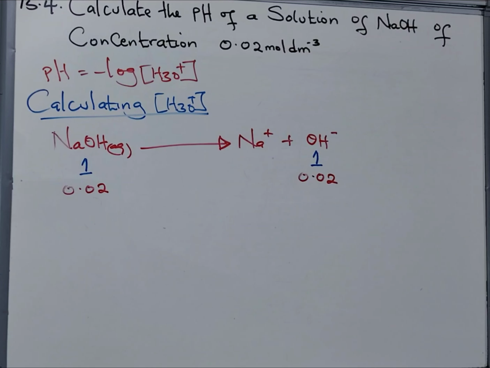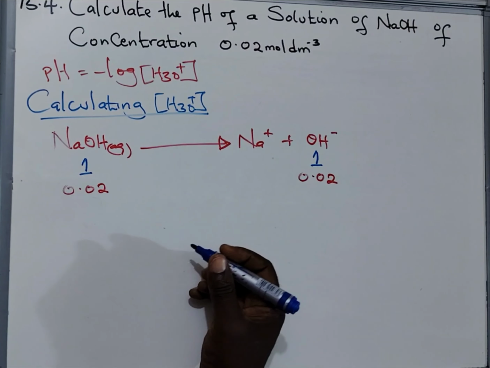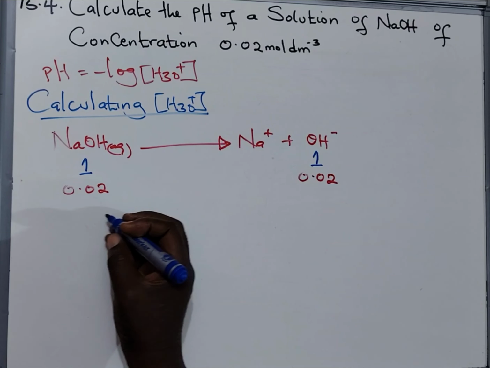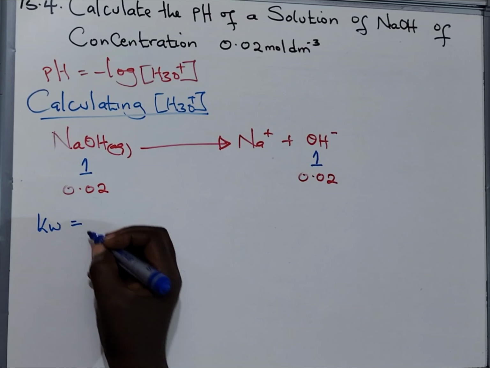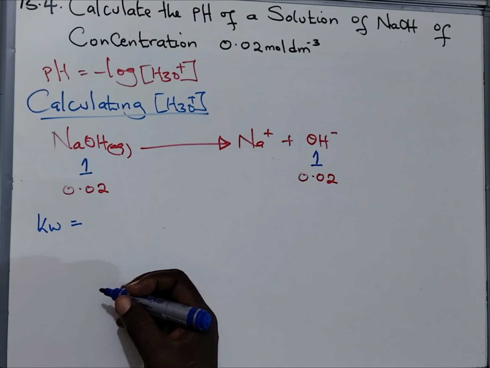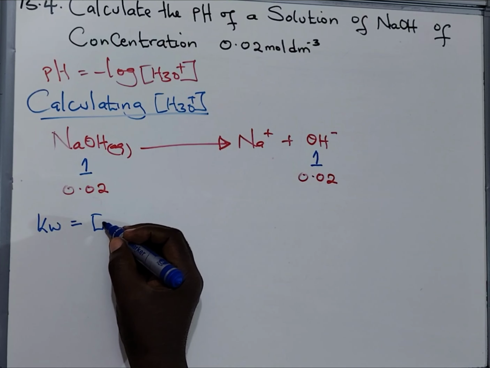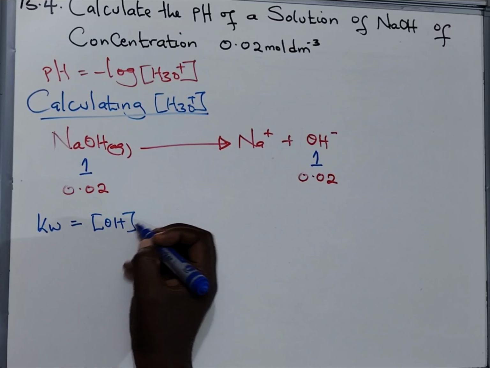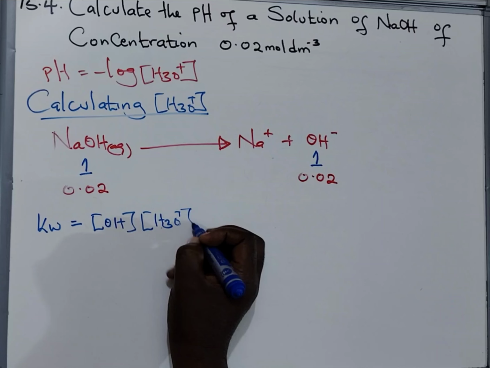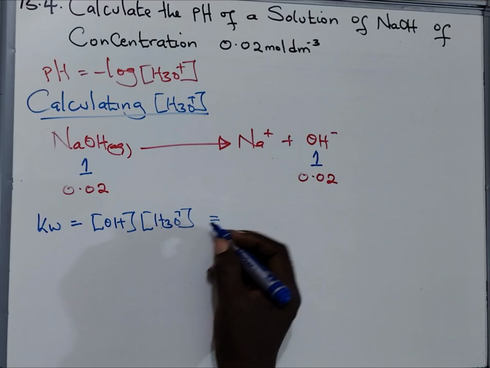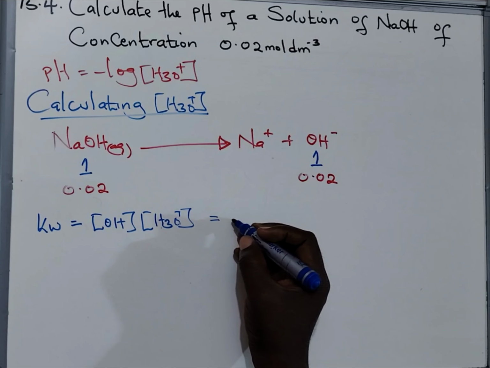What do we do after that? We go ahead now and quote the Kw. Kw helps us to change the hydroxide ions to hydronium ions. So this is the expression we have, and we know the value. What's the value of Kw?